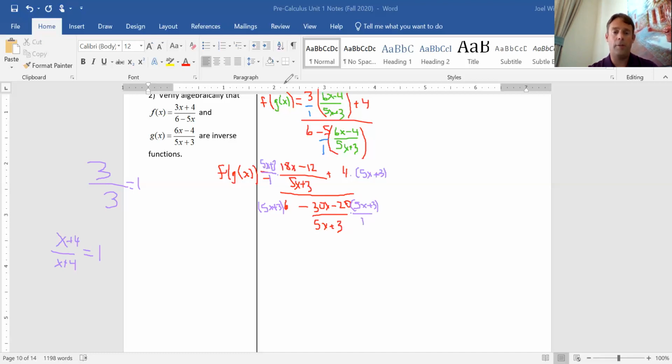And then what ends up happening is this. These common denominators here, they go away. So I end up with something looking just a little bit nicer. f of g of x equals, these went away, so I'm left with 18x minus 12.